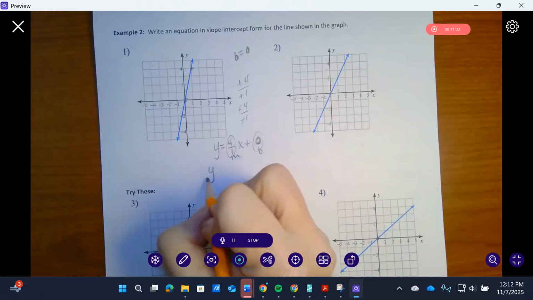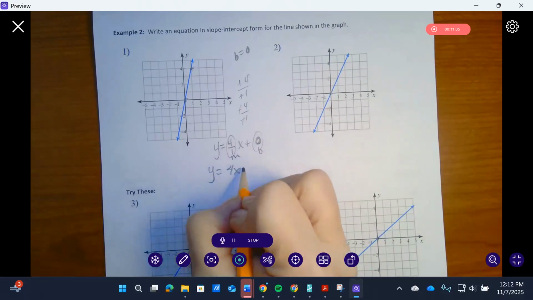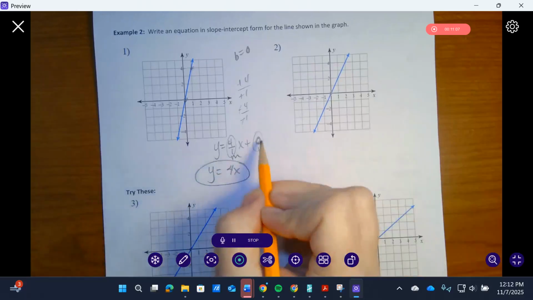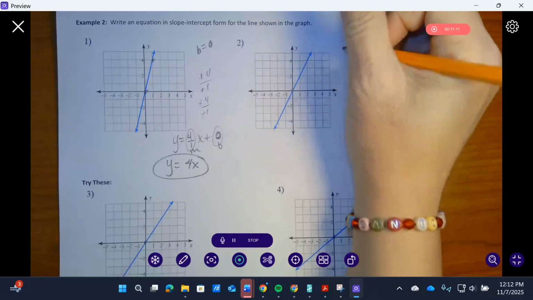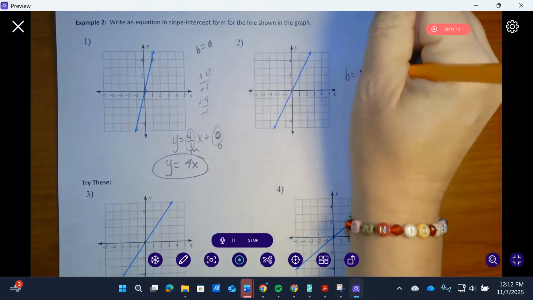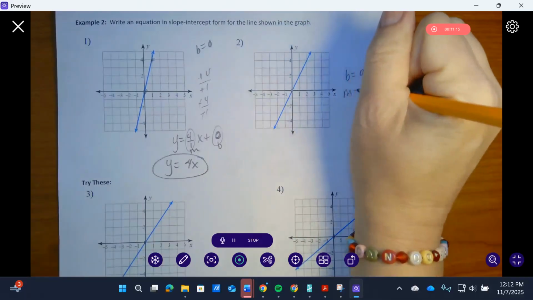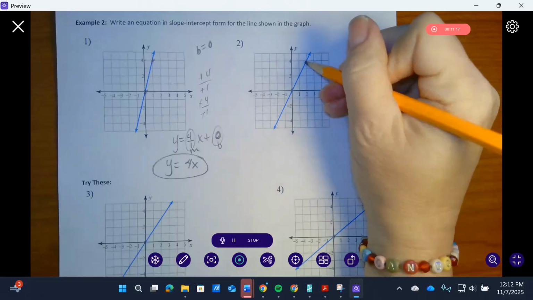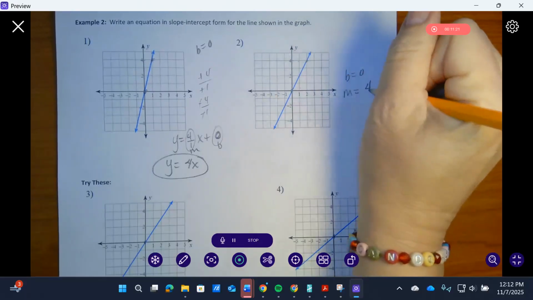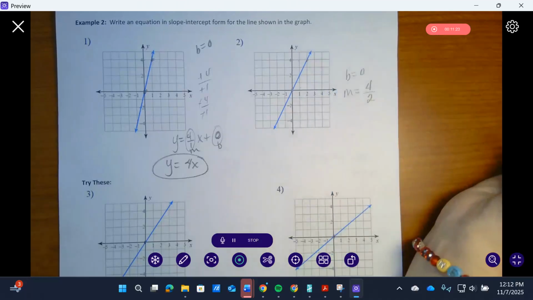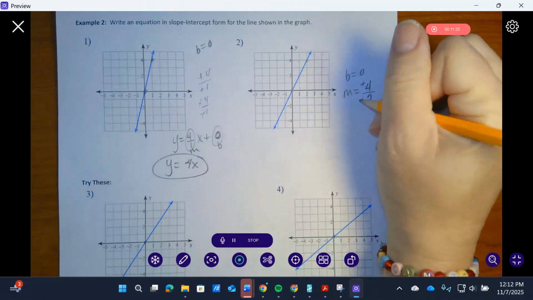Okay, rewriting, my final answer is 4x. We just leave our plus 0 off. Okay, again, b is 0. Slope is 1, 2, 3, 4, 1, 2. Up 4, right 2, both positive, up 4, right 2.